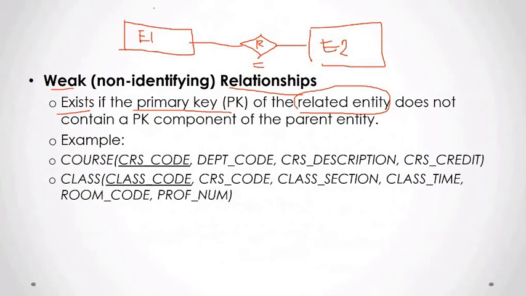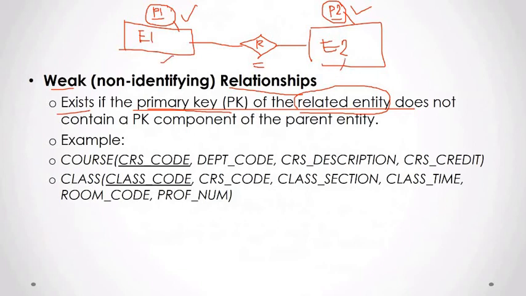So remember, this entity has a primary key, so let's call it P1, and then this entity has its own primary key, we'll just call it P2. So the primary keys of the related entity, this phrase is referring to these two here. So these are the related entities.